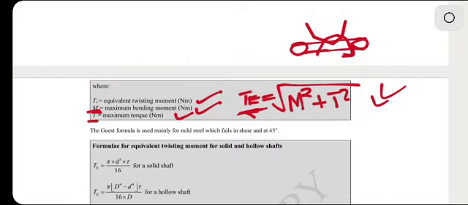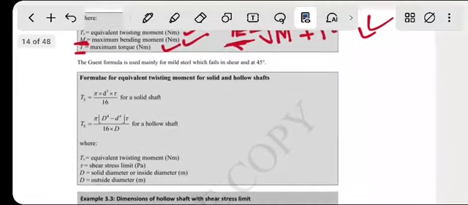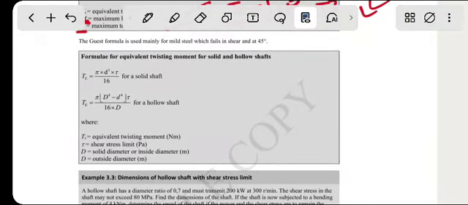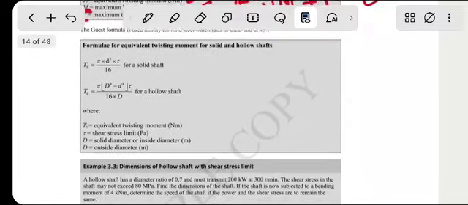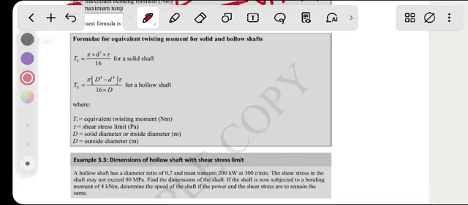All right, are we together, guys? Hopefully we are together. All those things are measured in Newton meter. Here we have the formula of equivalent twisting moment for solid and hollow shaft. You see TE again, we must be very careful there.